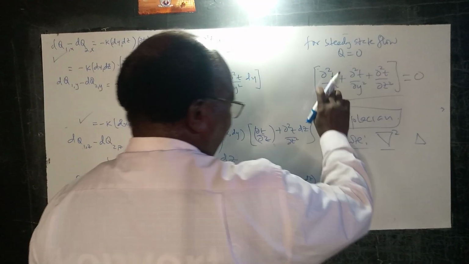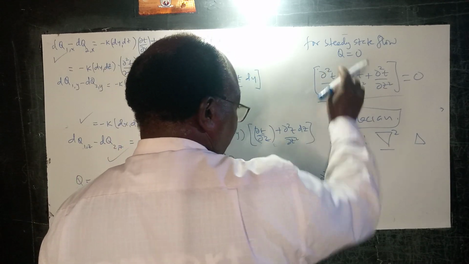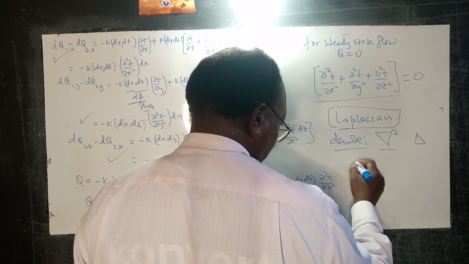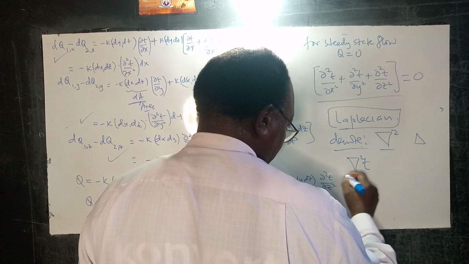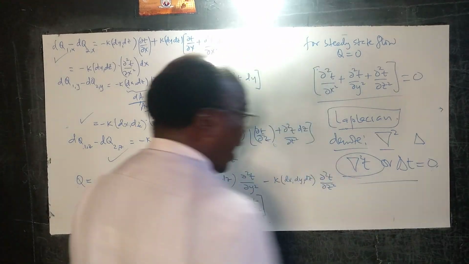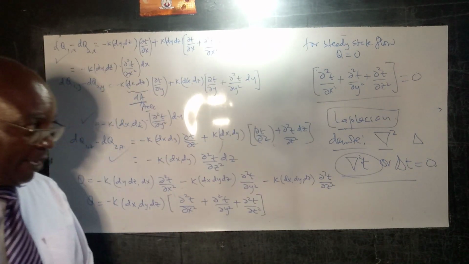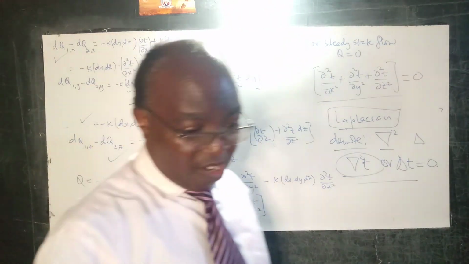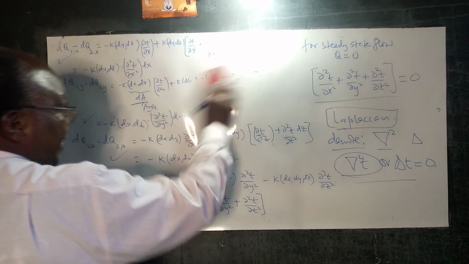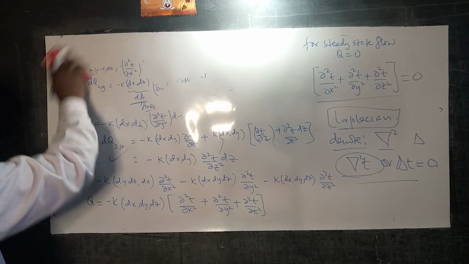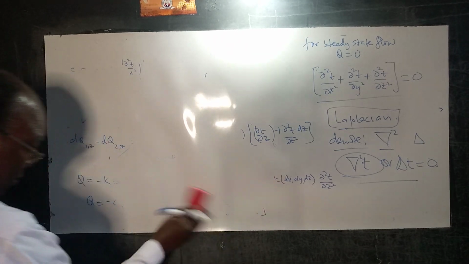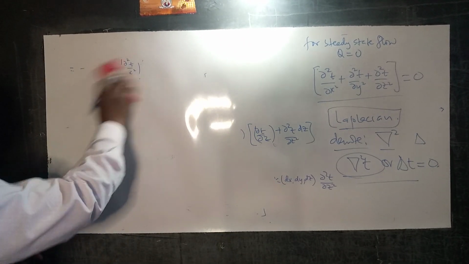So the Laplacian of t in this particular case is del squared t or del t is equal to 0. And one important aspect of this Laplacian is that it doesn't depend on the coordinates. Very important thing to note about the Laplacian.